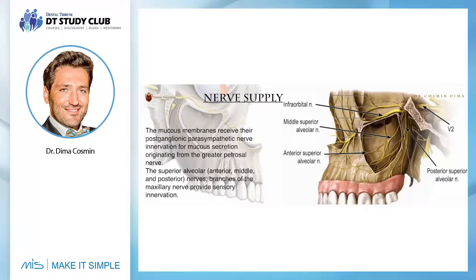So we have to be very attentive when we make an incision at the periosteum to increase the flap mobilization, not to section the infraorbital nerve, which looks like it is so far, but as I told you, sometimes it's not so far away from the crest.